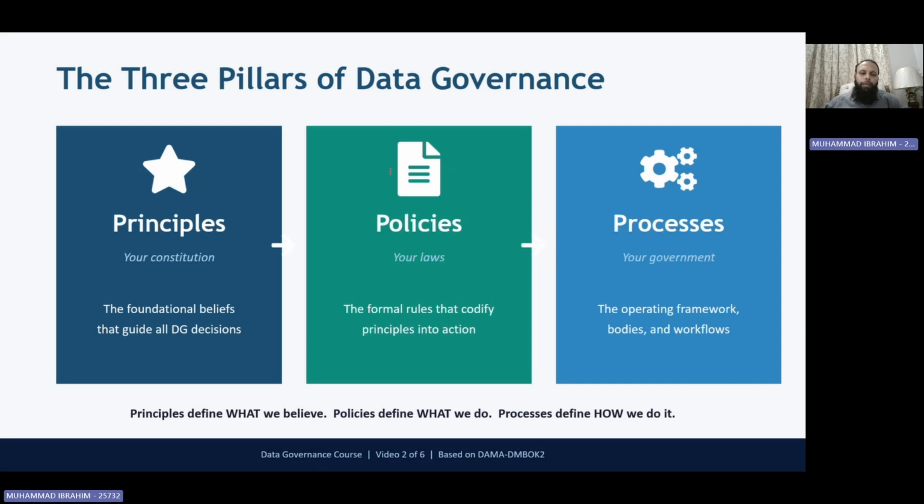The third is processes. Think of processes as your government, the operating framework, the governance bodies, and the workflows that enforce those policies day after day. Here is how they connect. Principles define what we believe, policies define what we do, and processes define how we do it. This analogy, constitution, laws, government, is one of the most useful frameworks for explaining governance to business leaders.